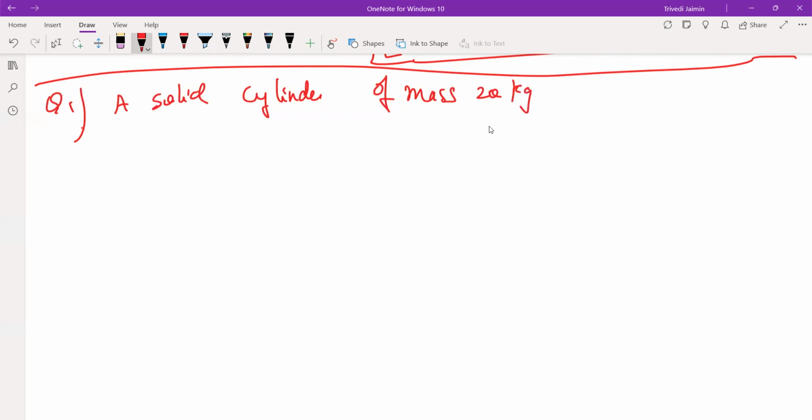After that, classes start again and they'll complete the portion, then do the IP revision in 2 months. Then the main exam, 300 marks, in November.